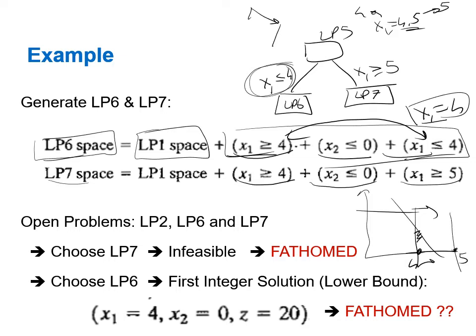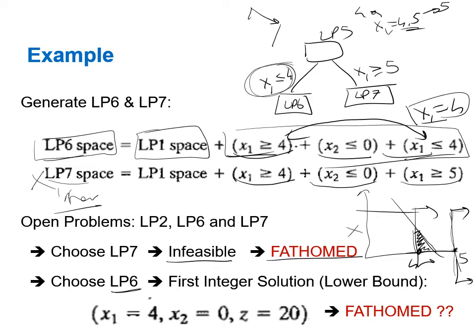So this was the small triangle on the right hand side, and when you include the constraint x1 greater than or equal to 5, you see that this triangle and this constraint have no intersection. It means that LP7 is infeasible. So since LP7 is infeasible, we fathom it and we don't continue on that side.